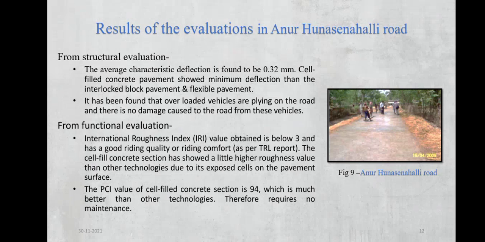From the functional evaluation, the international roughness index value obtained is below 3, which is good for the riding quality and riding comfort, but the roughness value is not good. The PCI value of the self-filled concrete section is 94, which is much better than the other technology, and therefore requires no maintenance.